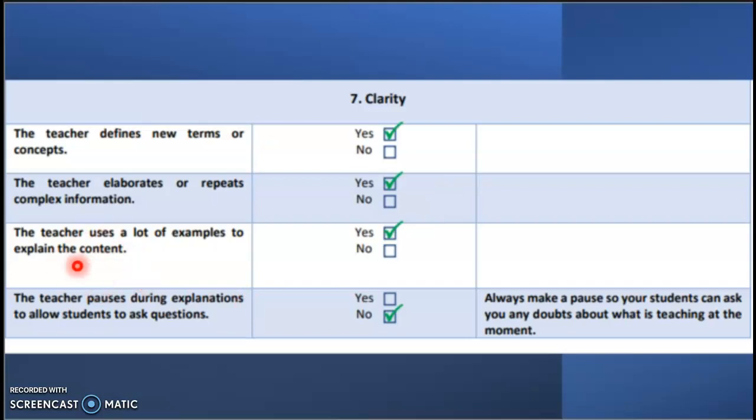So the teacher uses a lot of examples to explain the content, and the teacher pauses during explanation and allows students to ask questions. And Brian didn't do this, so always make a pause so your students can ask any doubts about what he's teaching at the moment.